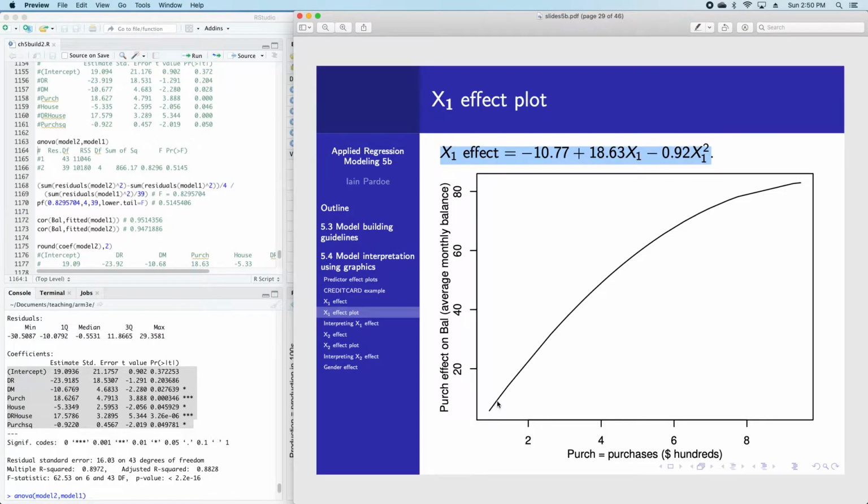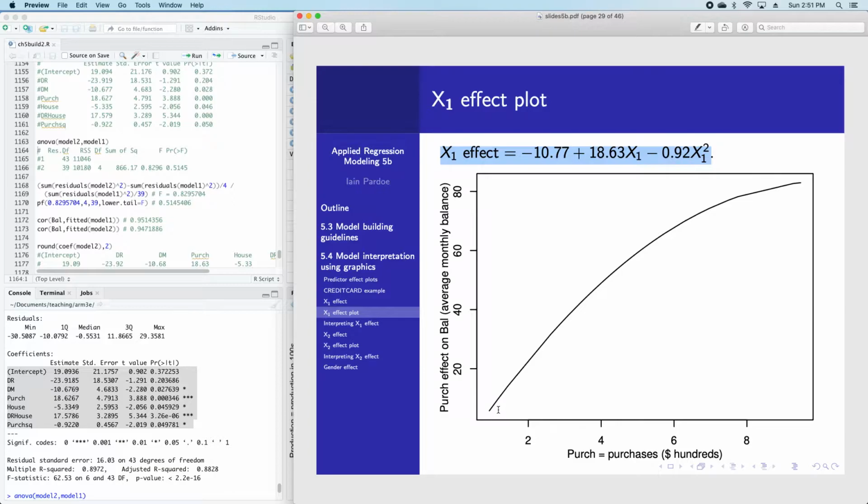You can see that it's a curved line, a quadratic function of x1. This is telling me that as purchases increase, the effect on someone's average monthly balance is to increase. That makes sense, right? The more people spend, the more their balance goes up.